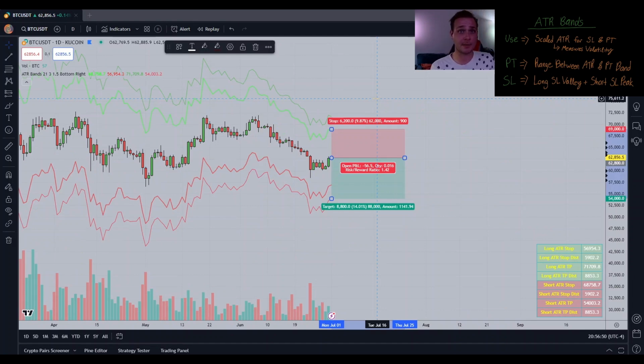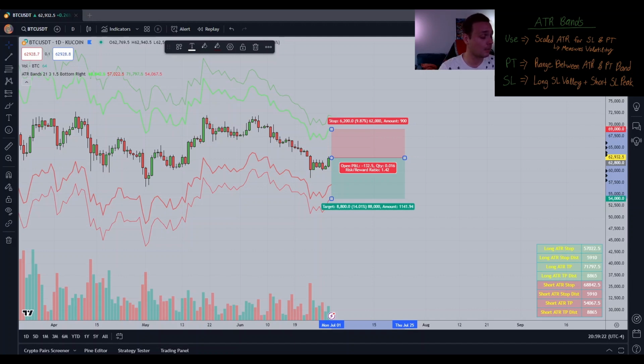Now, I wouldn't recommend shorting right here, but for example's sake, let's just say we want to open up a short right here as a hedge, because we think 63,000 is going to be rejected at New York Open tomorrow. So with entry of short at 62,800, our stop loss is going to be at this upper ATR band right here, 69,000.